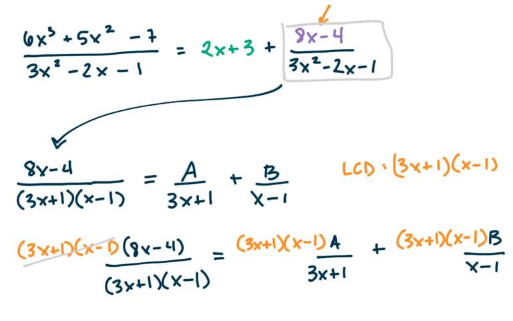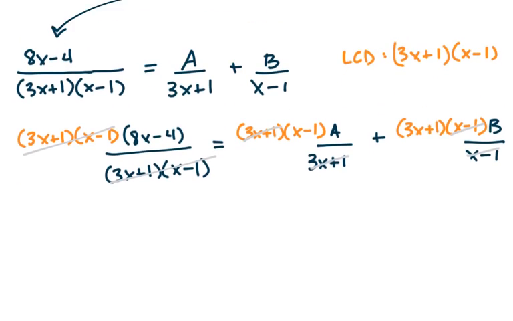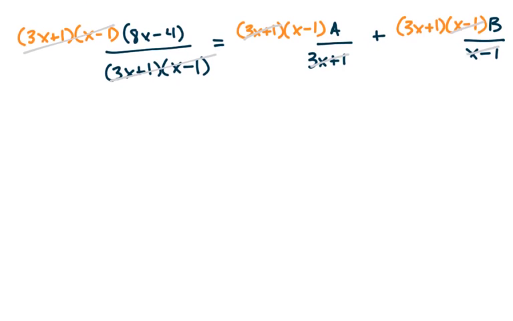So some nice canceling occurs. All of these common factors cancel and our denominators go away. So I'm left with 8x minus 4 equals x minus 1 times A plus 3x plus 1 times B.